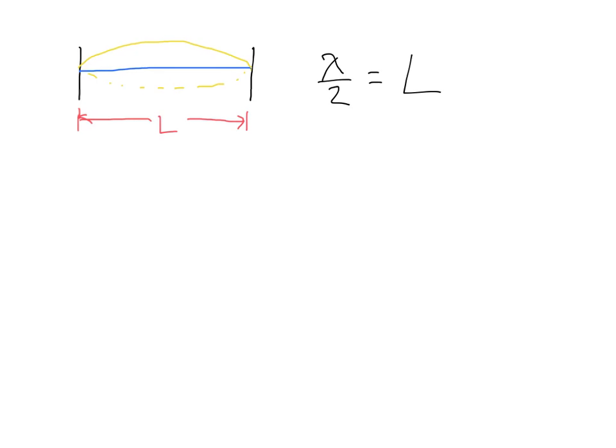Now let's consider another case. We'll have the same scenario, but in this case, we'll have a node at the 2 ends and one in the middle. In that case, we'll have a shape like this, and also the returning form for the standing wave there.